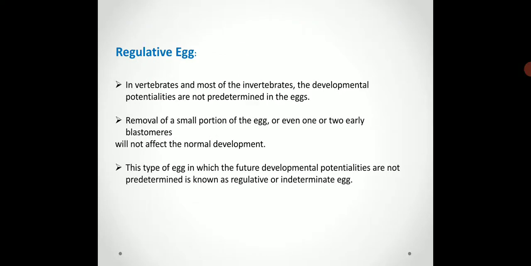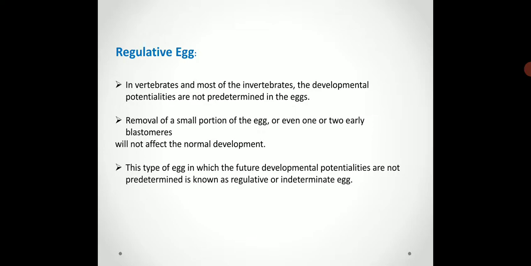When you come to the second type, that is completely opposite to that: the regulative egg. In vertebrates and most invertebrates, the developmental potentials are not predetermined in the eggs. So in that type, if you remove a small portion of an egg, or even one or two early blastomeres, which are the cells formed during the cleavage of an egg, it will not affect the normal development.